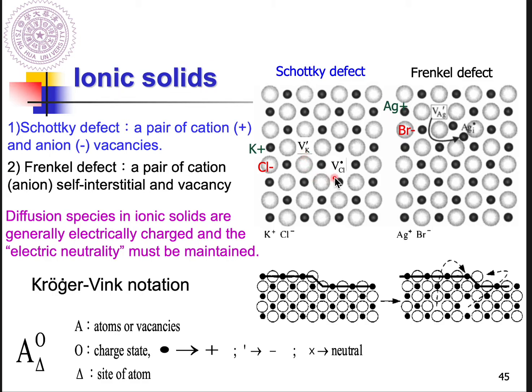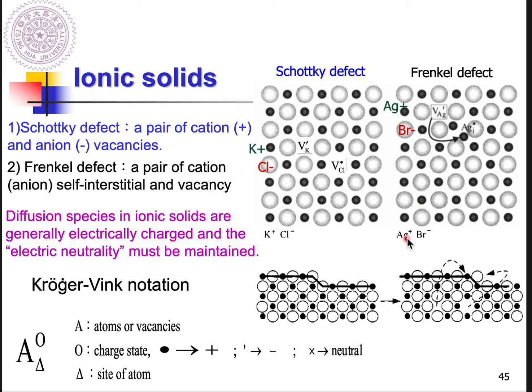We get a pair of cation and anion vacancies. This kind of vacancy defect we call a Schottky defect in ionic materials. And the second one is the Frenkel defect, which would be a pair of a cation self-interstitial and its corresponding vacancy.